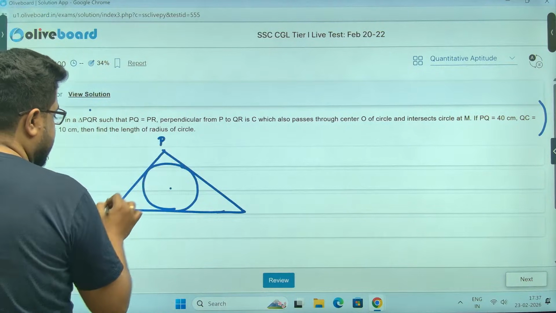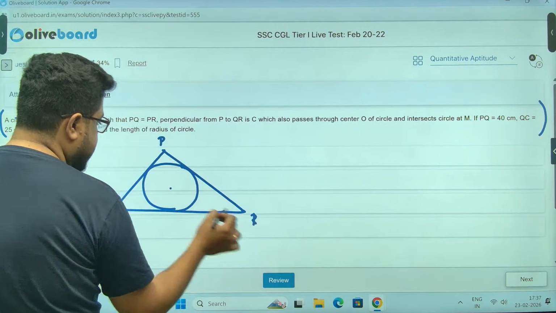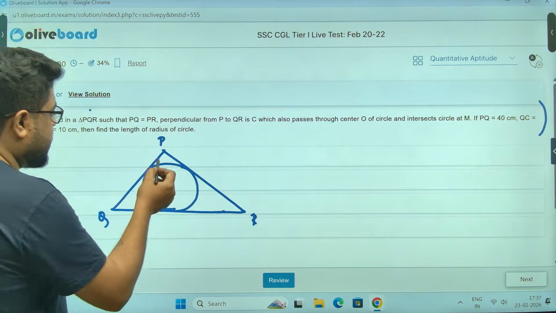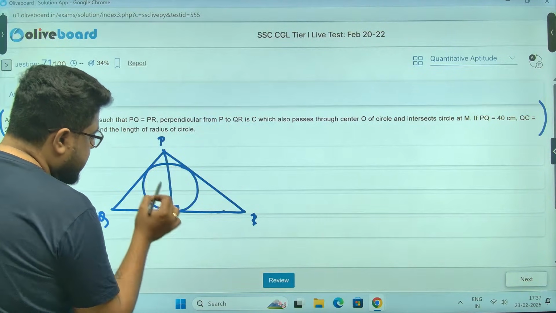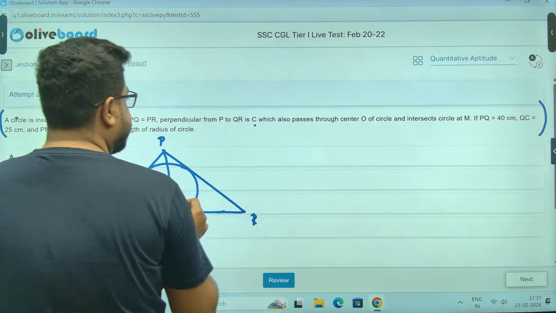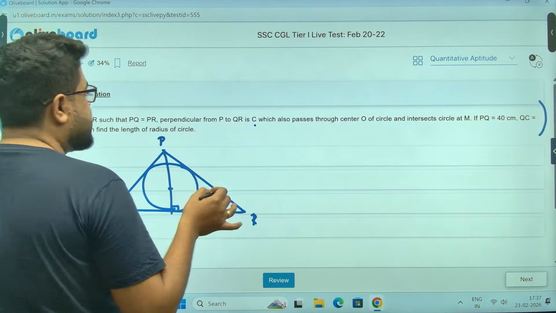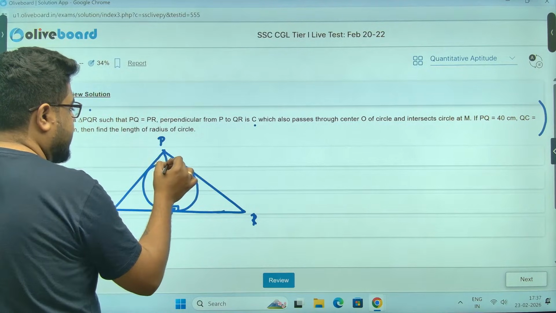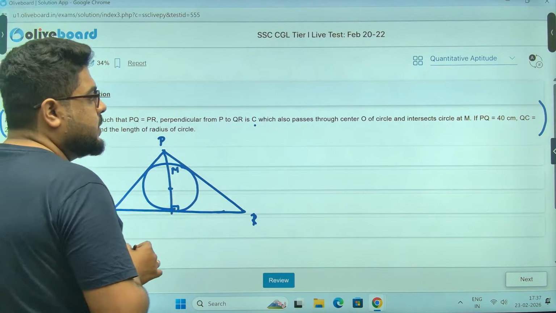These two sides are equal, an isosceles triangle. The perpendicular from P to QR will pass through, definitely, 100%, this point C, which also passes through O and intersects the circle at M. Okay, this point is M, sir.